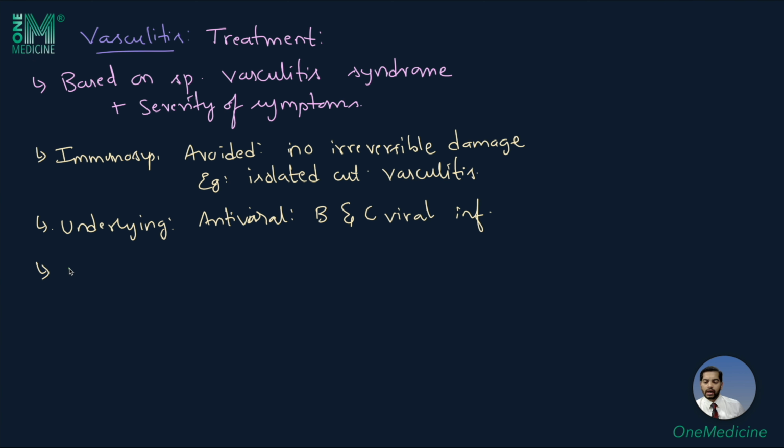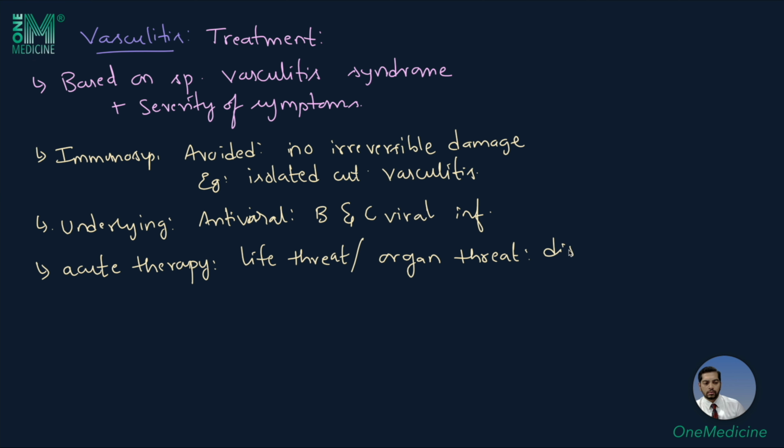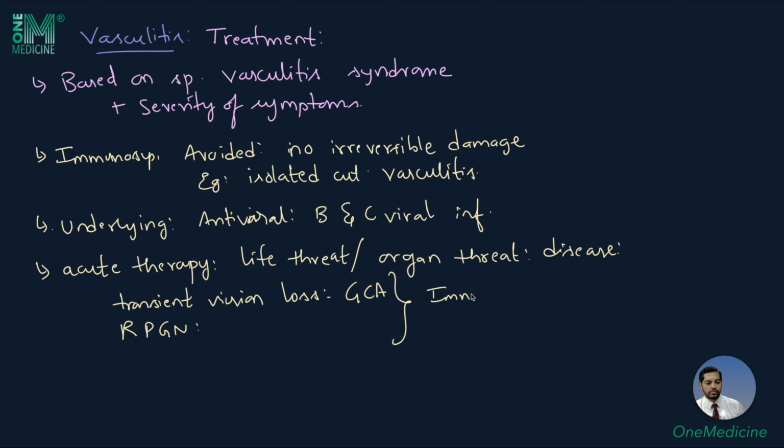In conditions requiring acute therapy, where the patient can have either life-threatening or organ-threatening disease activity, such as transient vision loss in patients with giant cell arteritis or rapidly progressive glomerulonephritis, immunosuppressive medications along with high dose glucocorticoids can be used.